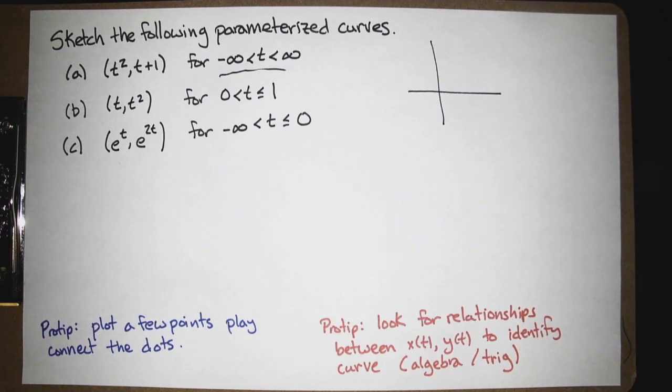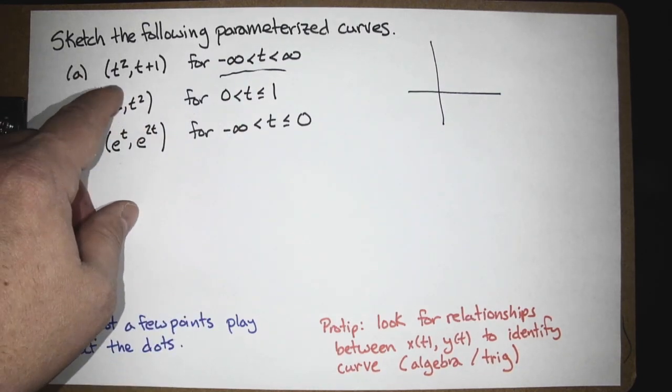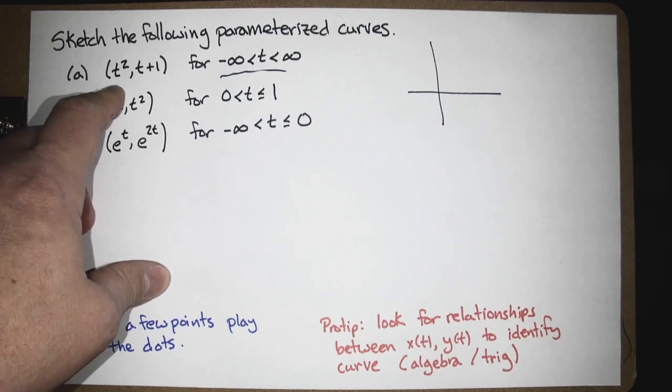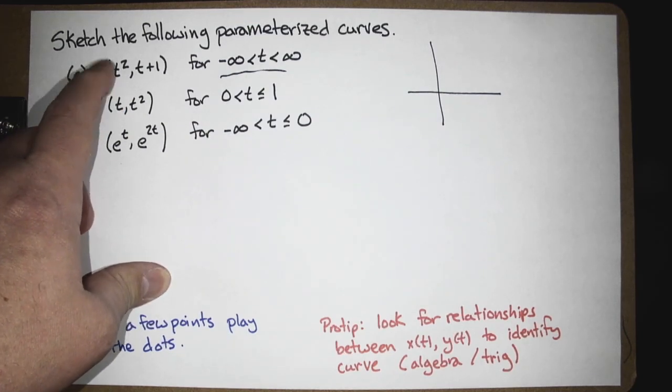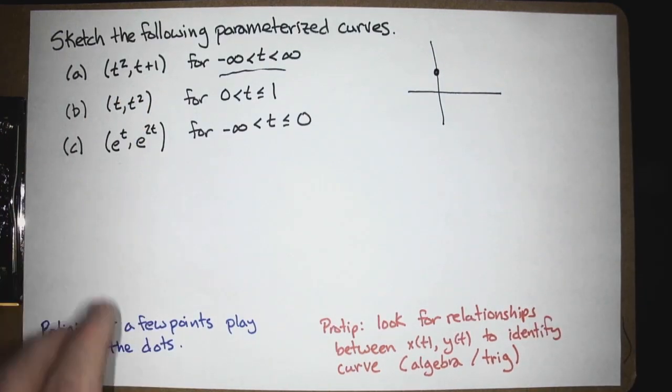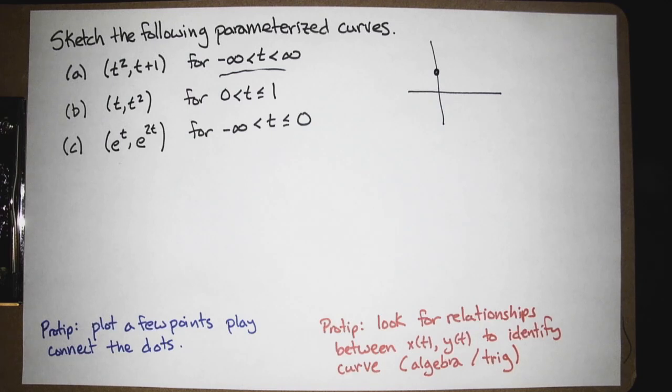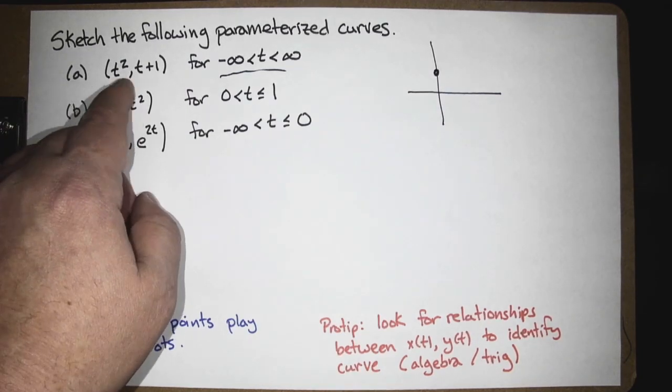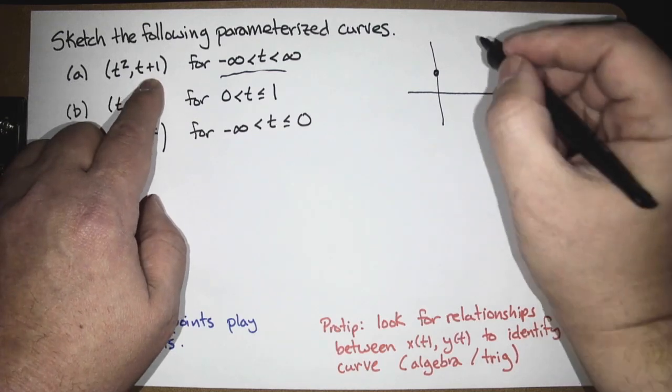When I say plot, pick values for t. t equals 0. 0 is our friend. When you plug it in, what do you get? 0 and 1. So we know that there's a point, 0, 1. What's another nice value for t? 1. Plug it in. 1, 2.